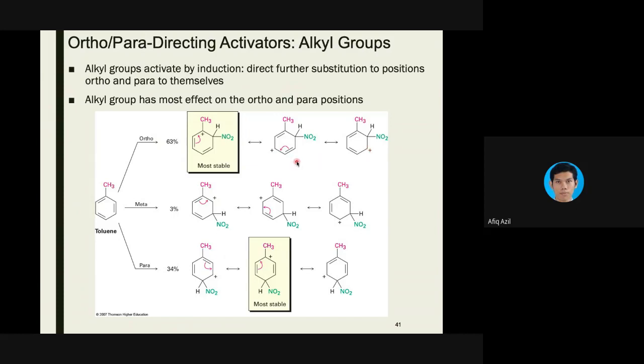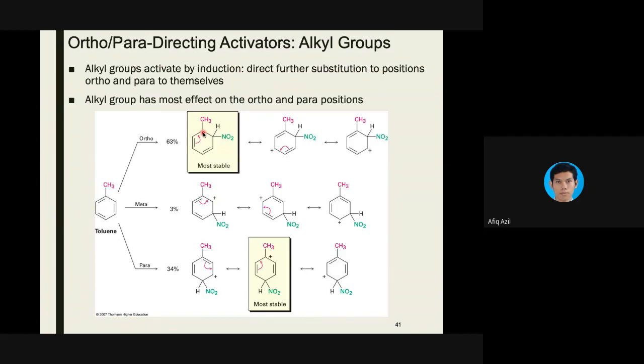But when you look at the position of the C plus, or the carbocation, you look at these two, ortho and para positions. As we know, a tertiary carbocation will be the most stable form. Hence in ortho and para positions, there is a tertiary carbocation over here.